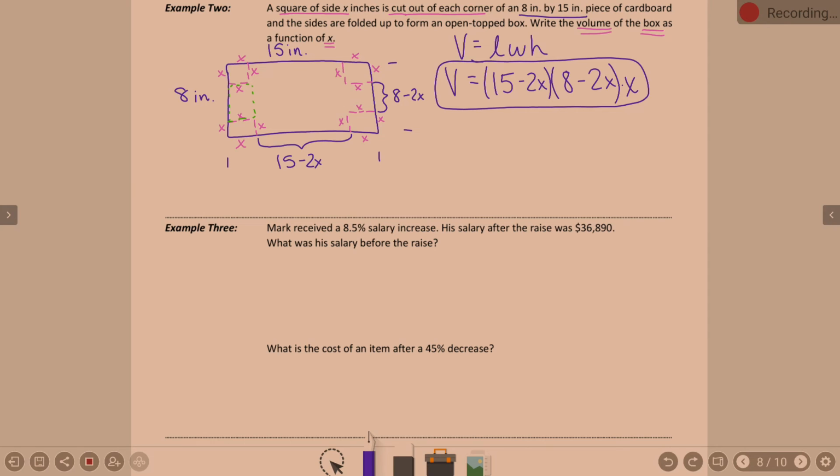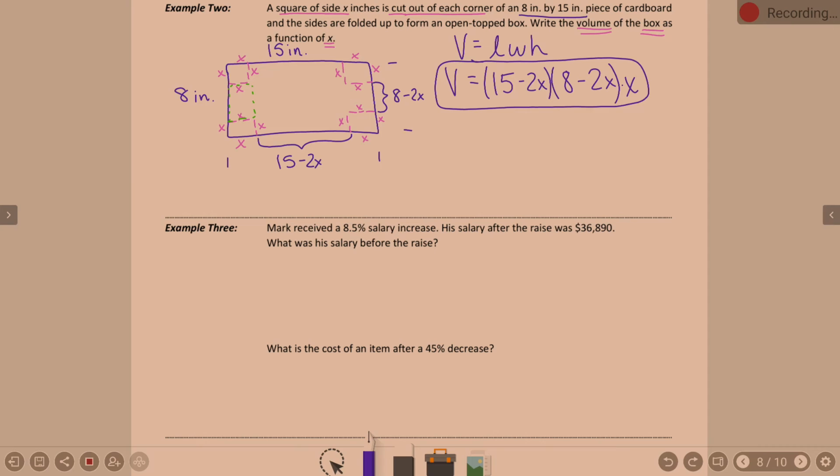Now, what could you do if you had to? We could take these two parentheses and FOIL, and then distribute the X in. Distribute would be the better word, and then I end up with the original problem.